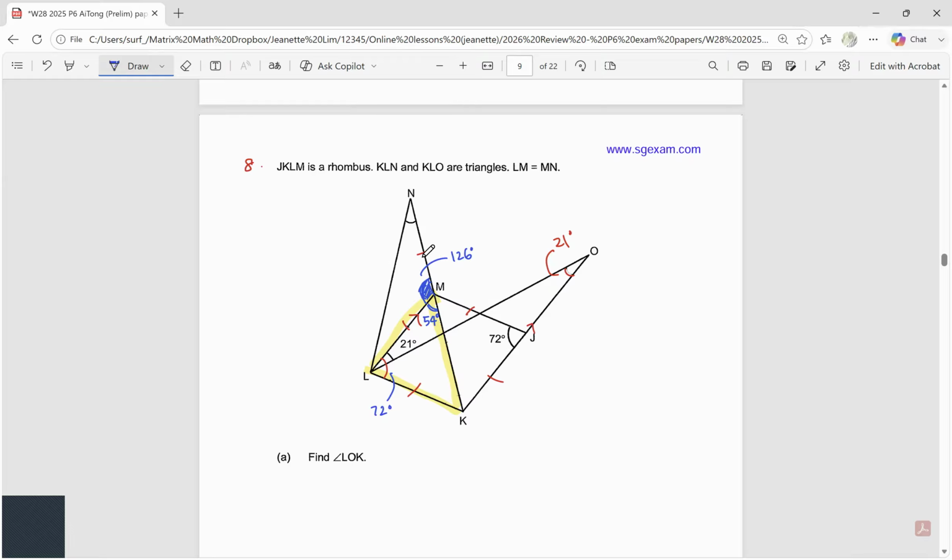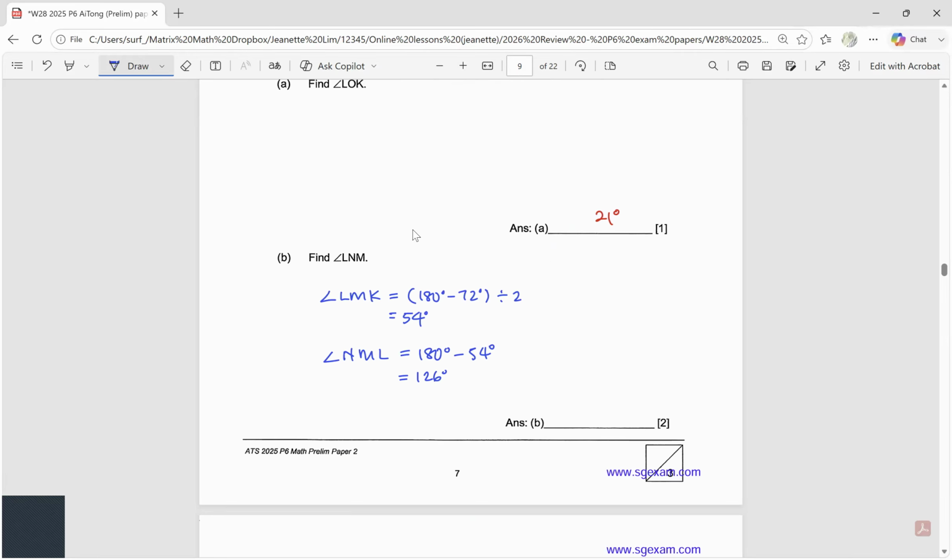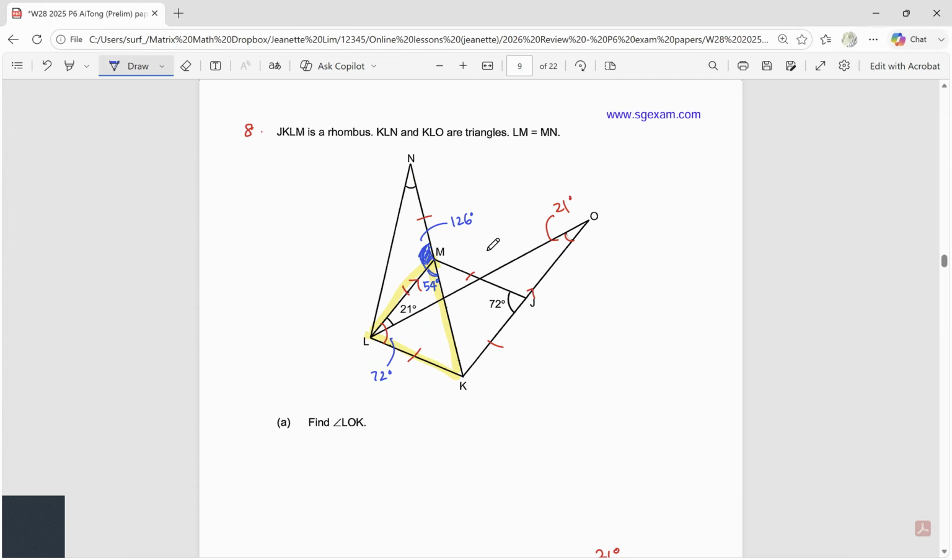Since we have an isosceles triangle, 180 minus 126, then you divide by 2 to get the angle that we want. So LNM, 180 minus 126 divide by 2, which is 27 degrees. So the answer is 27 degrees for LNM.